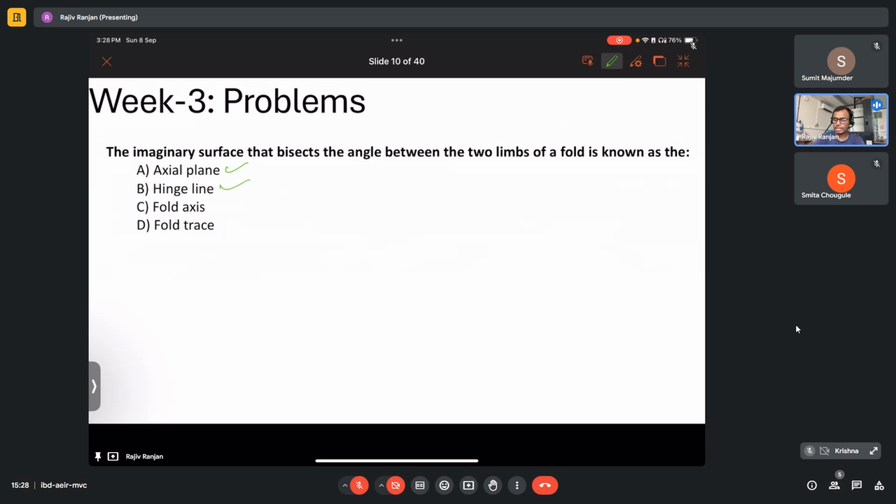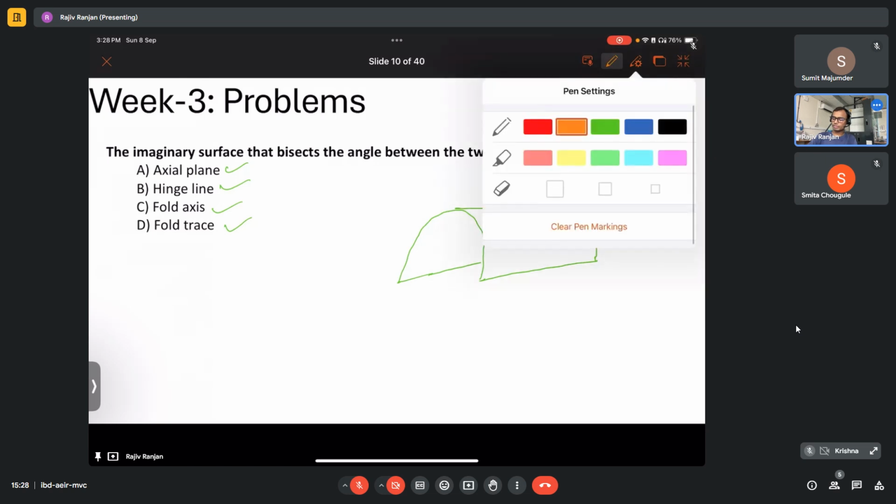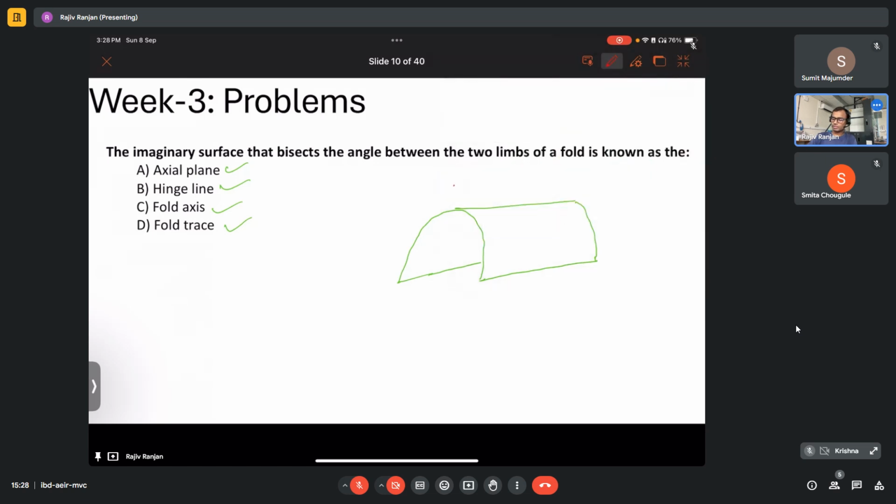Axial plane, hinge line, fold axis, fold trace. We just studied the axial plane, if you remember. So this is the axial plane, right? This is dividing, this is the surface.